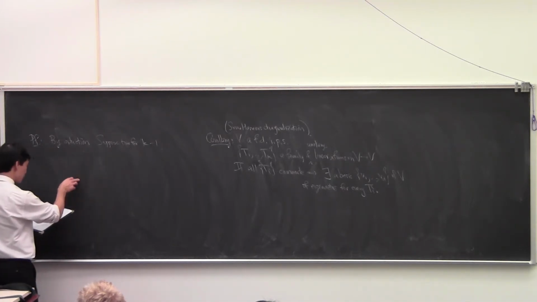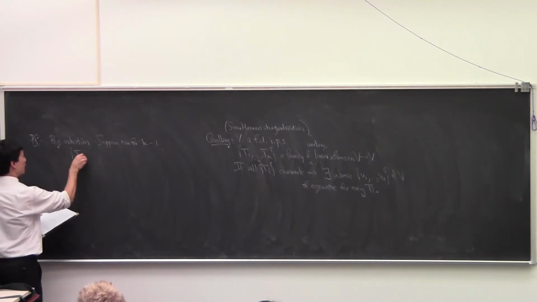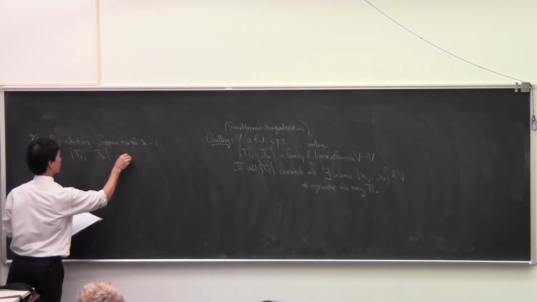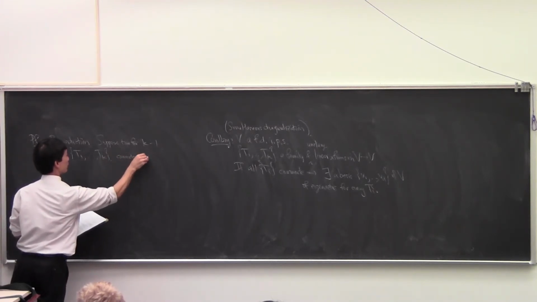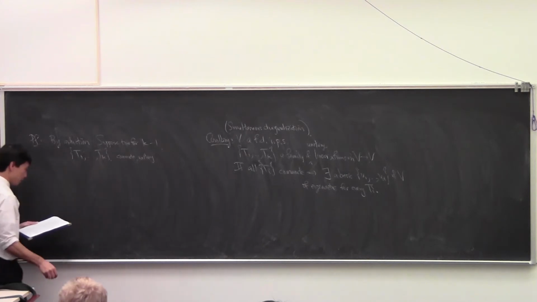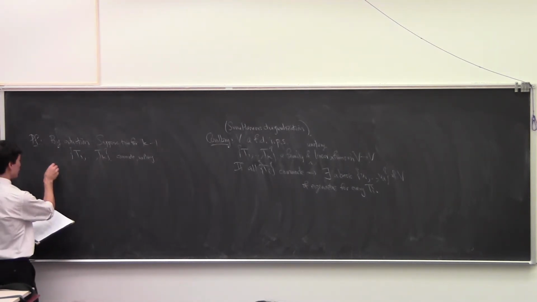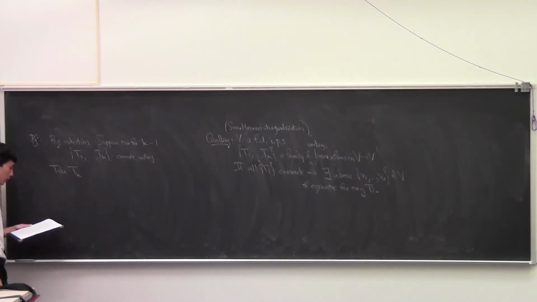And so we've got a family now, T_1 to T_k, and we suppose that they're unitary. And here's what we do. We do something funny. We say, let's take T_k.